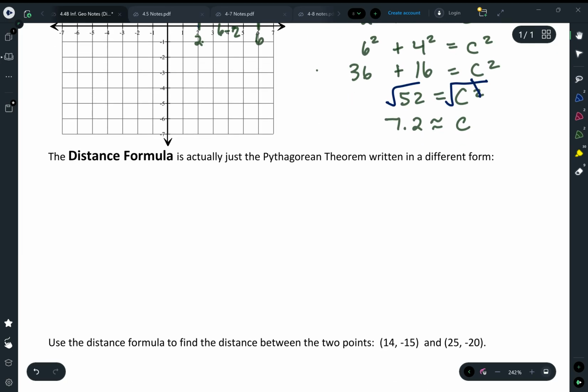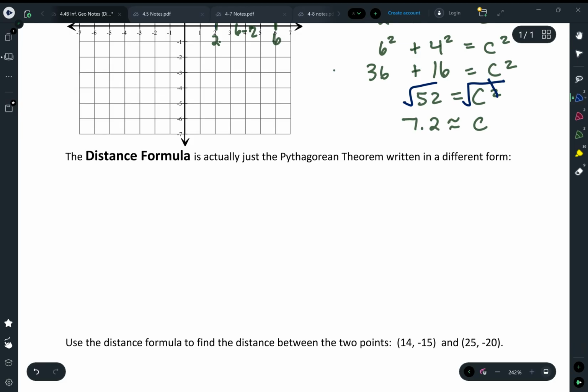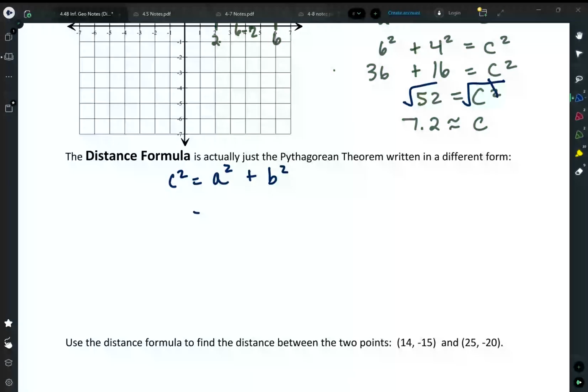So my distance formula, instead of c squared equals a squared plus b squared, I'm kind of writing it backwards, it's a little bit weird. A is going to be that distance between my x's, so I'm going to write it as x sub 2 minus x sub 1 squared. I've got to show that I've got two different values of x and I'm subtracting. My c squared is going to be my distance squared.